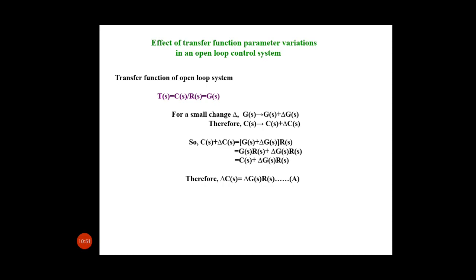So after simplifying this equation, we get delta C(s) equal to delta G(s) into R(s). This equation gives the corresponding change in the output with reference to change delta G(s) in the transfer function G(s) of an open loop system.